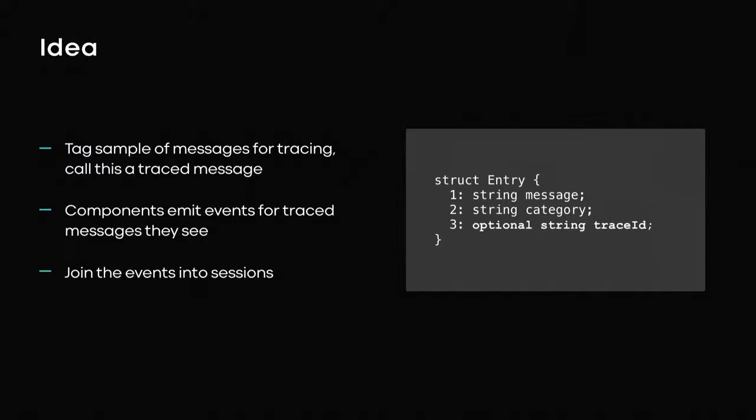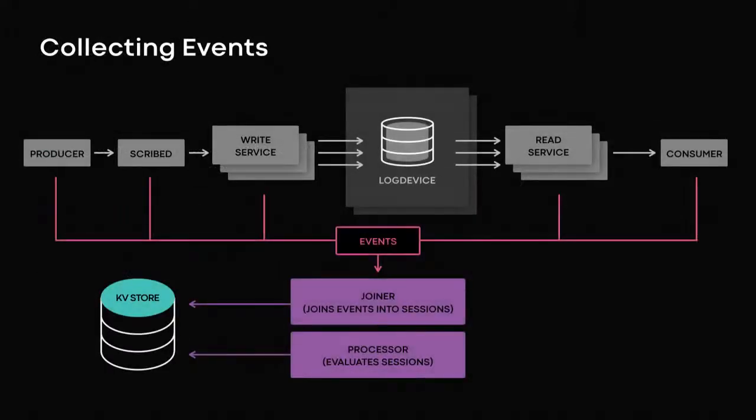So more schematically, here at the top we see the data plane as the messages get passed through. And as the various components on the write and read paths see messages that are traced, they emit these events. These events get sent to a central joiner.